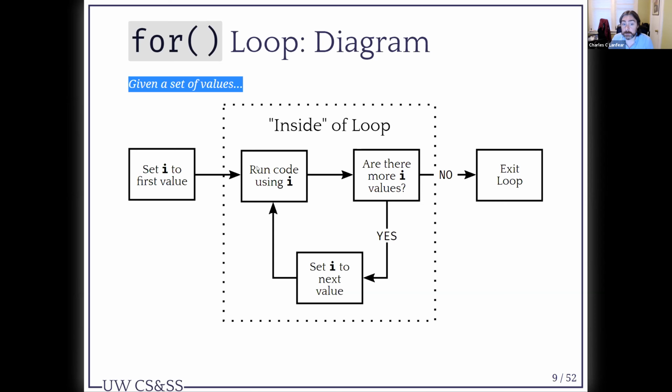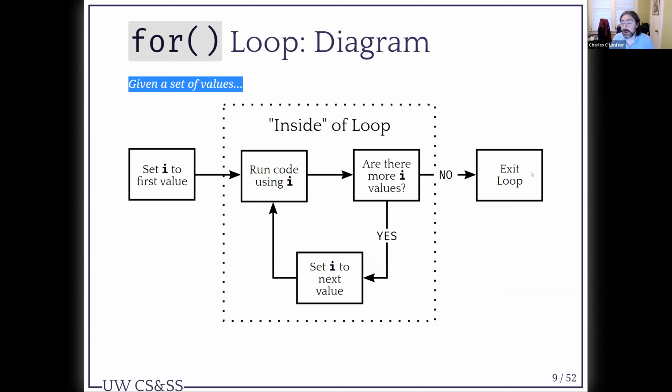We then run some code using I. Once we're done running that code, we check to see if there are more values of I. If there are, yes, we set I to the next value, run the code again using I. We repeat this, thus the loop, until we run out of values to fill I with. Once there are no longer any more values, we exit the loop and it finishes running, okay?